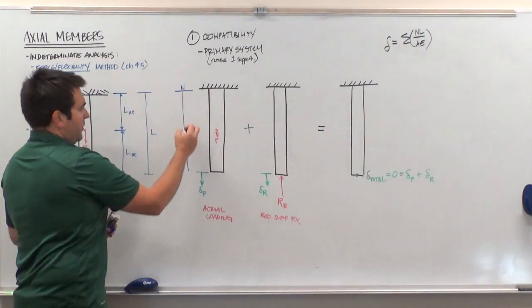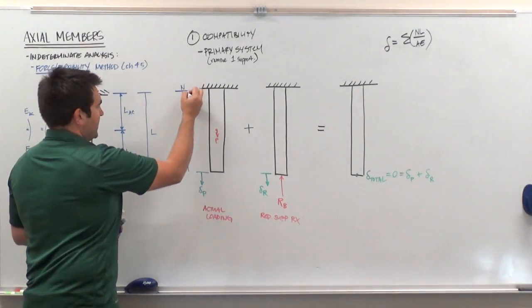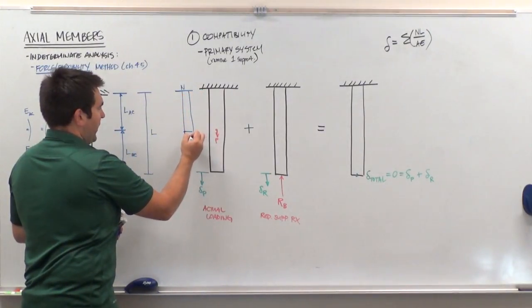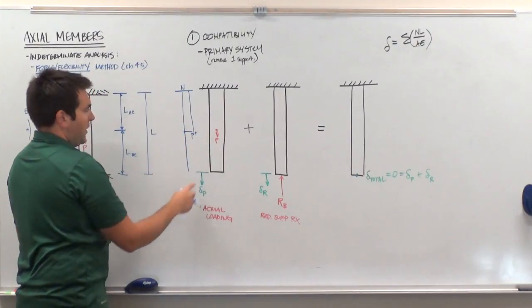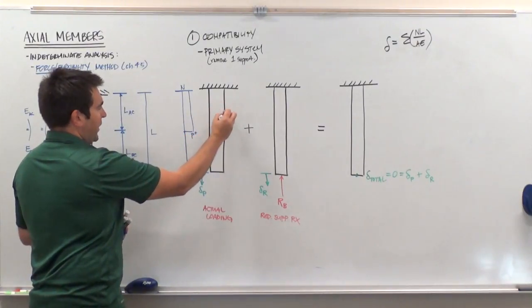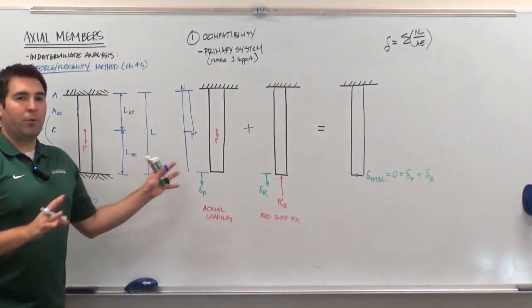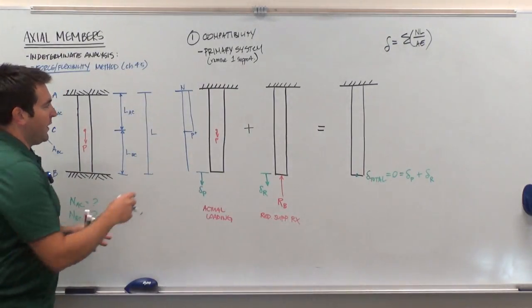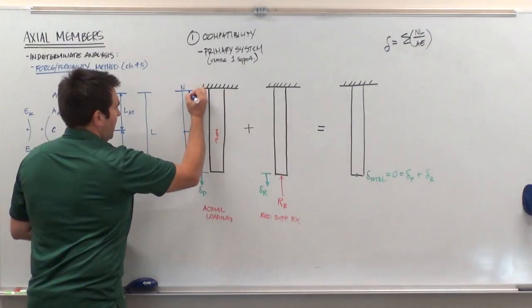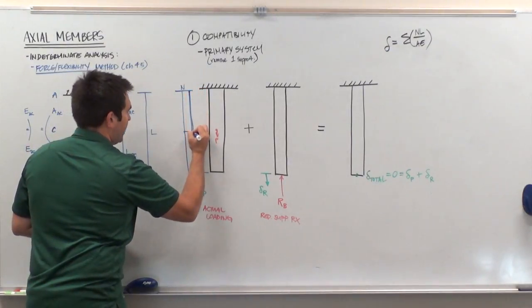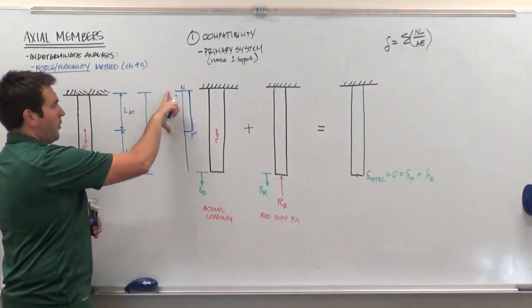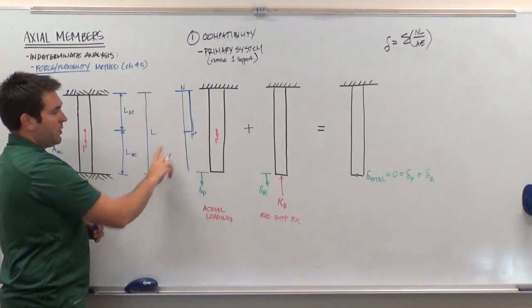In the top, I would get a constant positive value of P. If I made a section cut right there, I'd have my normal force pointed up. I'm not going to go through the free body diagrams, but suffice it to say, this would be my normal force diagram: a constant value of P for member AC, and no tension in the bottom.